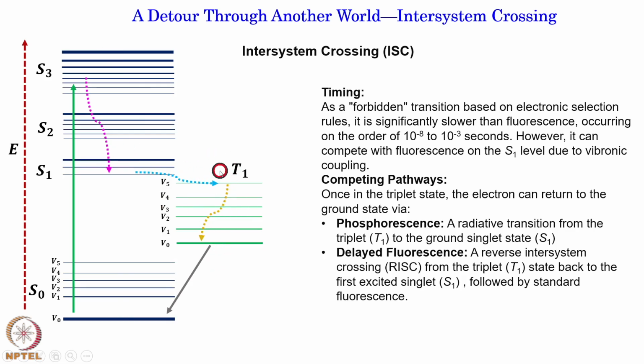Again it relaxes back to the V0 state of T1. Here a radiative process comes to the ground state. This will be called phosphorescence. It can again go back by spin flipping, but that takes time, and again it comes from here to here, it will be called delayed fluorescence.